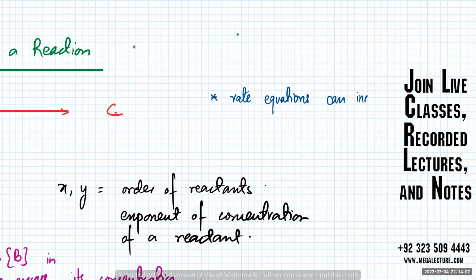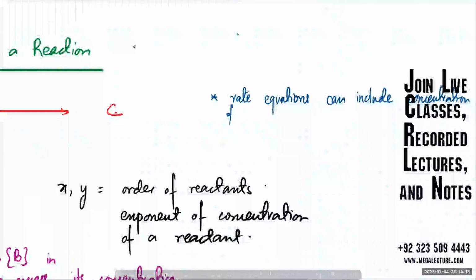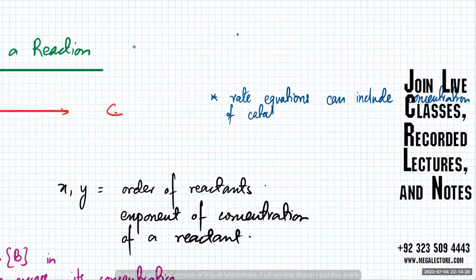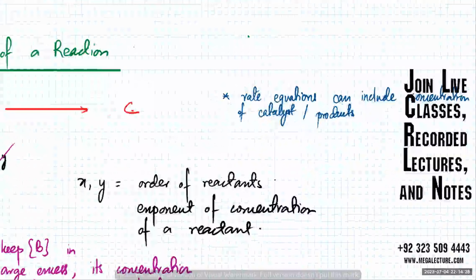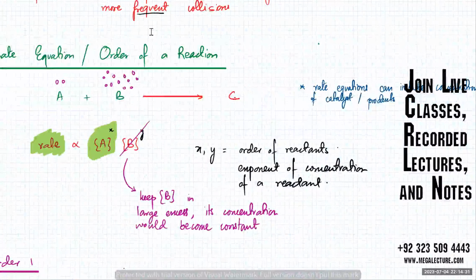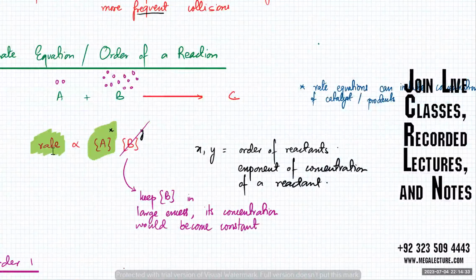So your rate can be dependent on the concentration of the catalyst. Or even the products. Sometimes what happens is that the product also changes the rate of reaction.